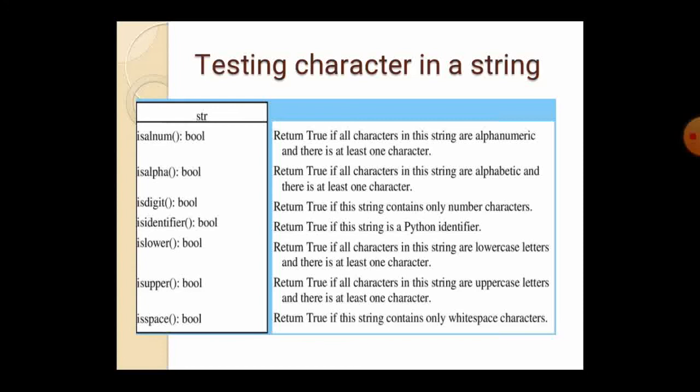The isdigit function will return true when the string has a digit, otherwise it returns false. The isidentifier function returns true if the string is a Python identifier, otherwise it returns false. The islower function returns true if all the characters in the string are lowercase letters, otherwise it returns false. The isupper function returns true if the characters in the string are uppercase letters, otherwise it returns false. The isspace function returns true if the string contains only white space characters, that means only white space alone will return true.